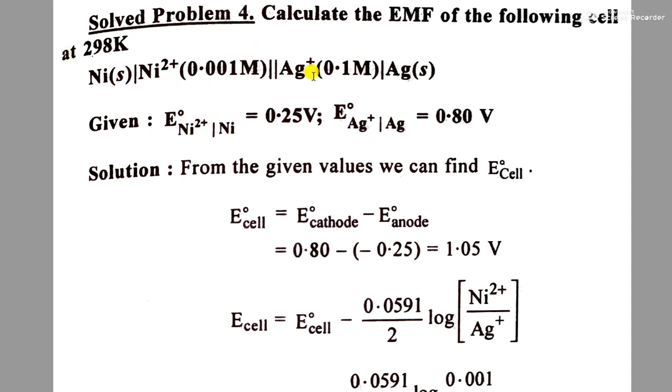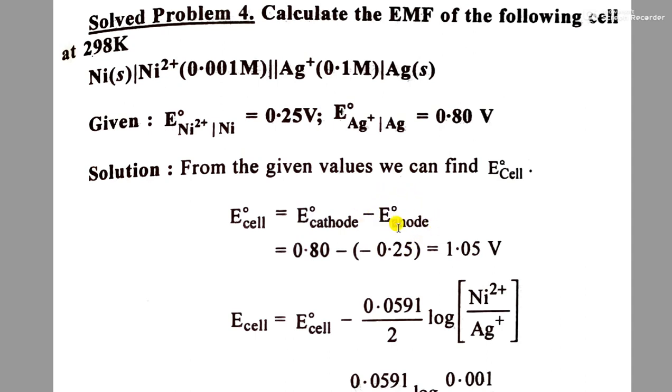But when these two cells are connected, this nickel is first being oxidized here. Okay, so the reaction is reversed here. So it is negative of 0.25.